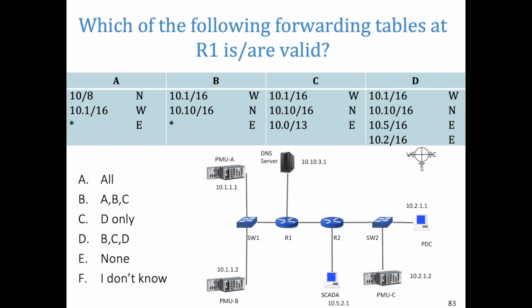For 8 bits, the first 8 bits must be 10. Here, the first 16 bits must be 10.1, because decimal 10 uses 8. It's not always a multiple of 8, like we have 13. Or the first 13 bits must be 10 dot something more. We should write the binary.